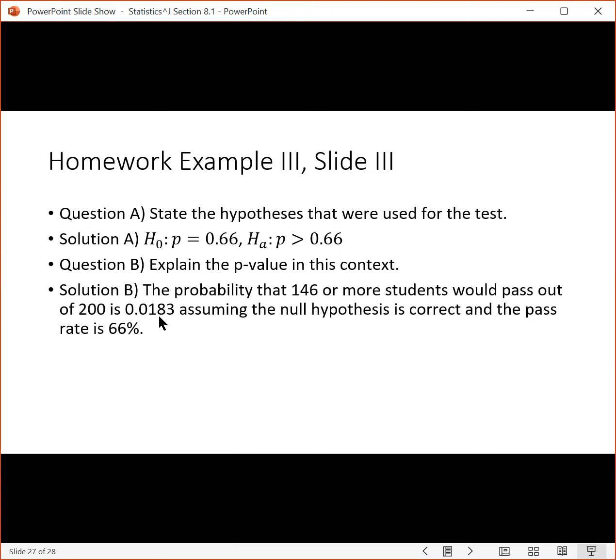Right? It's the probability that you'd get an outcome from the experiment, assuming that the null hypothesis was true. All right, so there's a 1.8% chance that 146 out of 200 students would pass if the null hypothesis is correct and the pass rate is actually 66%. Okay, the last way I stated it was the best of those.